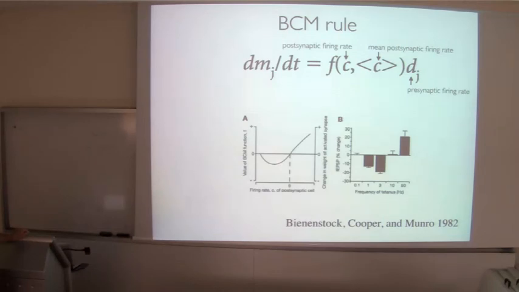And the idea is that in some domain you would get LTD, and in some domains you'll get LTP. So the same synapse can undergo LTP and LTD, depending on the postsynaptic firing frequency.